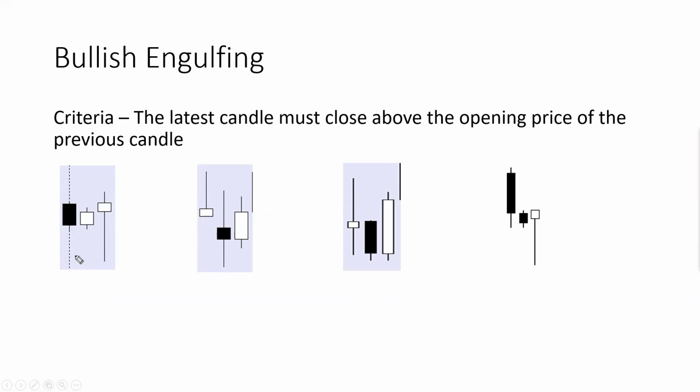Now you can see over here, this is the black candle, right? This is the opening price. You can see that this is the lowest candle. It covers the black candle. So this is a trigger one. This is another one. Now this is your question. If it has a very high wick, but the body still covers the previous one, do we still go for entry? The answer is no, and also yes.